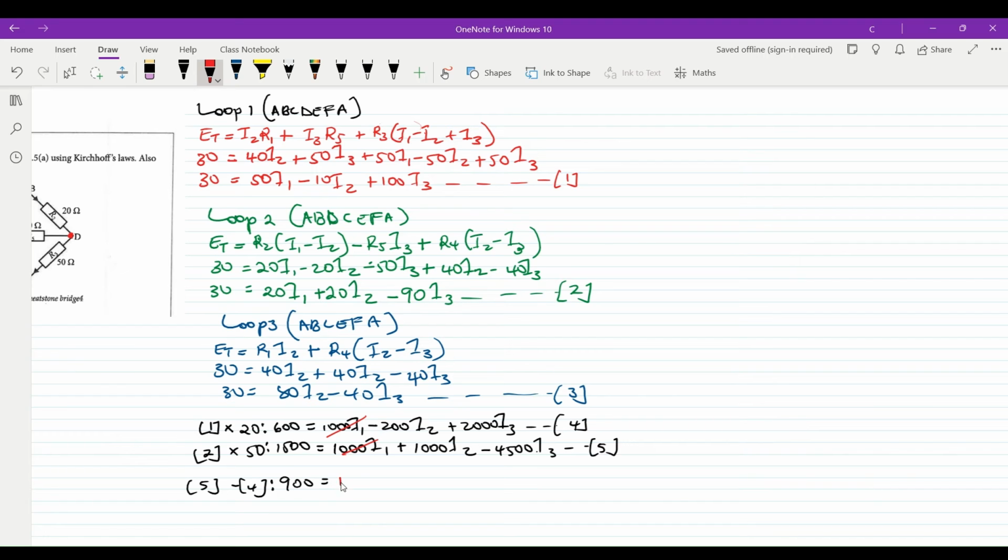This should give us 1,200 I2. Minus 4,500 minus 2,000. This should give us minus 6,500 I3. This will be our equation 6.